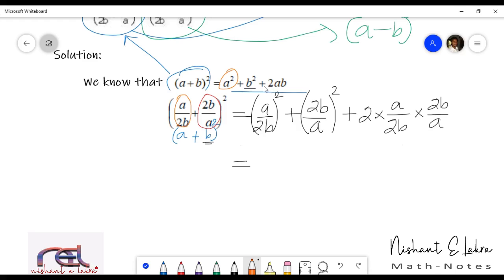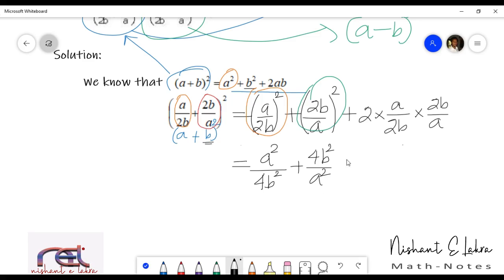Now (a/2b) whole square: a into a is a square, over 2b whole square. 2 square is 4 and b into b is b square. Plus (2b/a) whole square: 2 square is 4 and b square, by a square.